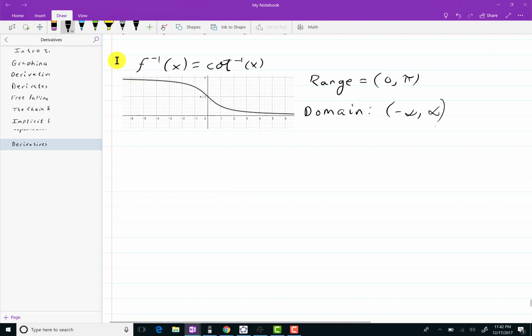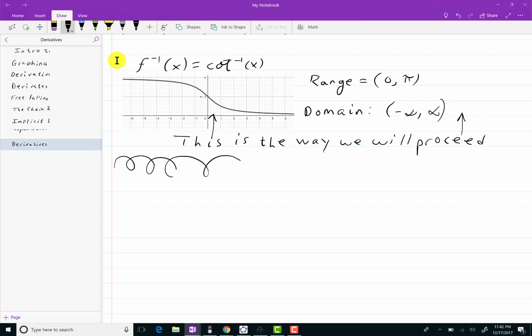Let me show you. So anyways, this is the way we will proceed. And what way is that? That's the way I just showed you here. The stuff up here, this is the way we will proceed. So what I'm going to do next is not what we're going to do.